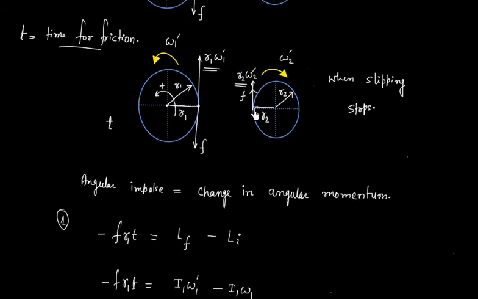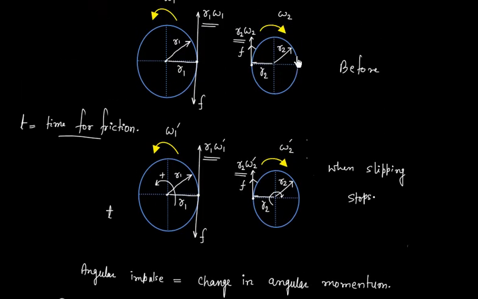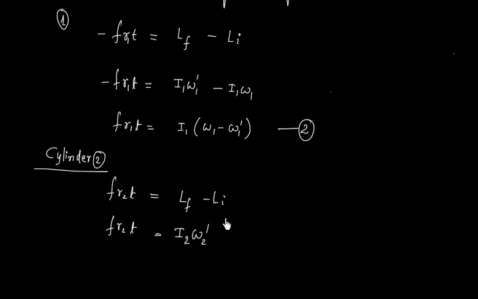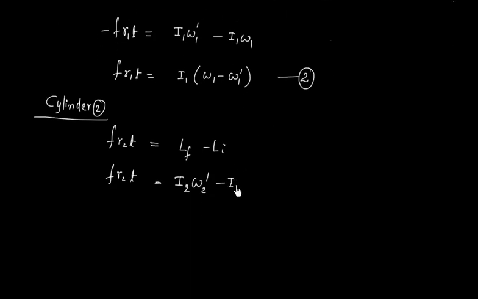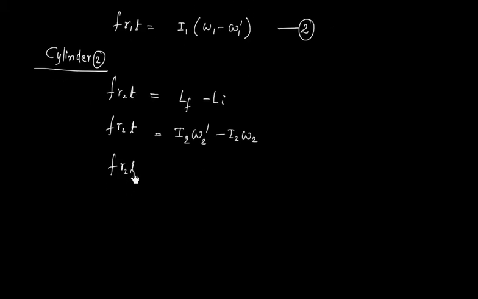This time the angular impulse has a positive sign because this is in the direction of omega. So omega is in this direction, and angular impulse is also in this direction. So we have taken this direction as the positive direction. Initial angular momentum is I2 into omega 2. So this is equation 3.